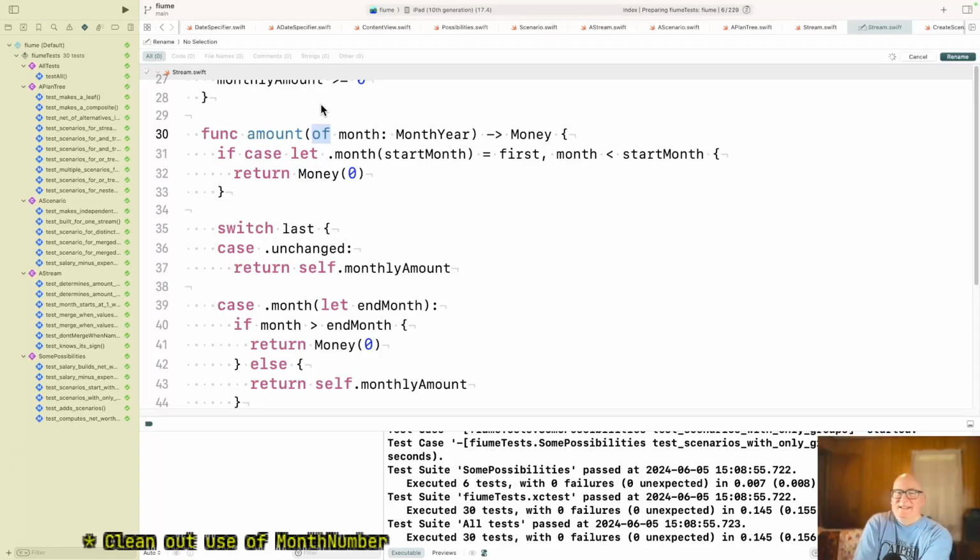Oh, come on. Maybe it only likes the local variables. Or maybe I have to try it in a caller. Preparing tests. Diagnostics. Yeah, I think our Swift testing is throwing it off.